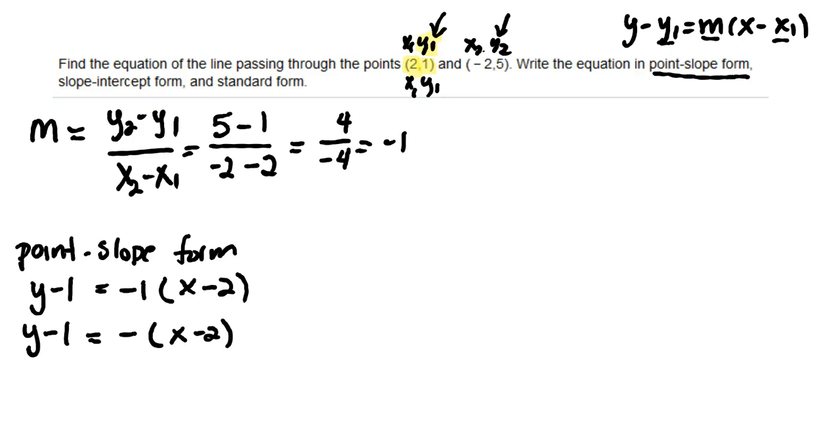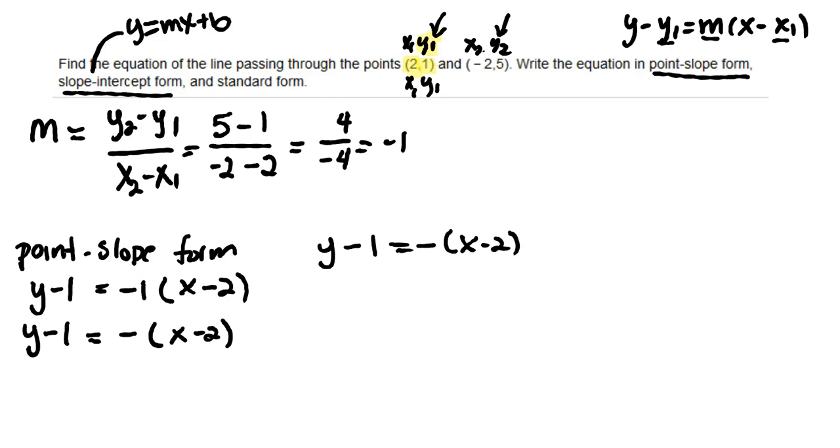The next thing we want to do is write that in slope-intercept form. Slope-intercept form is y equals mx plus b. So I want to take that equation that I already found, y minus 1 equals negative x minus 2, and my goal is to get the y by itself.